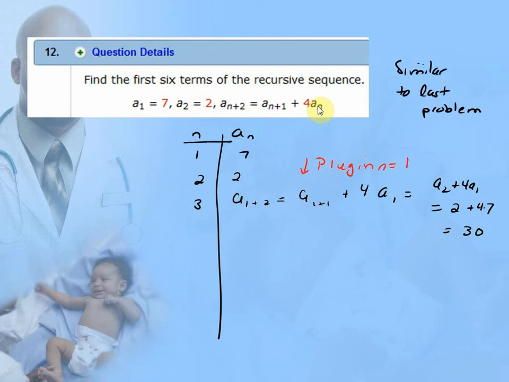So that's A2, and 4 times A1. But A2 you know from the previous element in your chart is 2. And A1 you know from the previous element in your chart is 7. So you plug those numbers in and it gives you 30 here as a result.